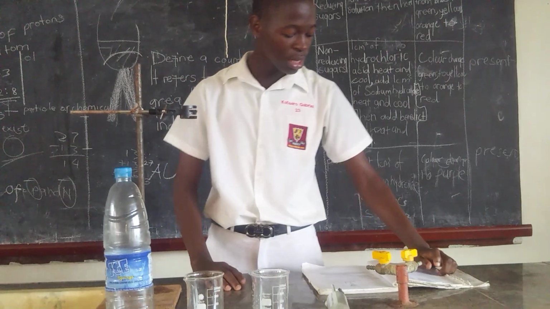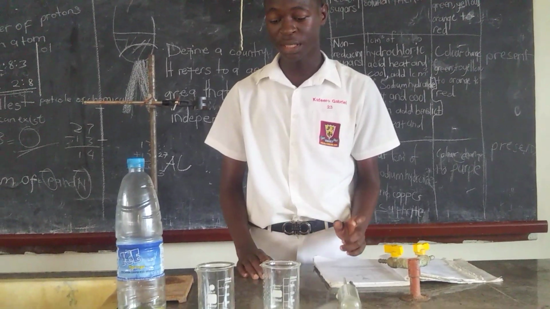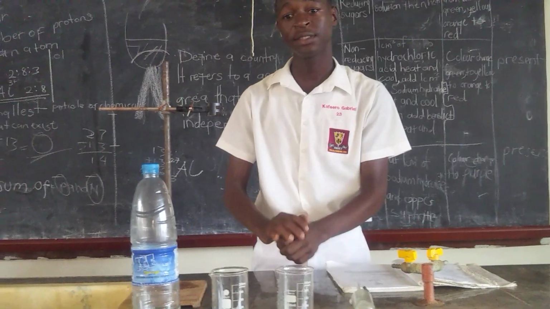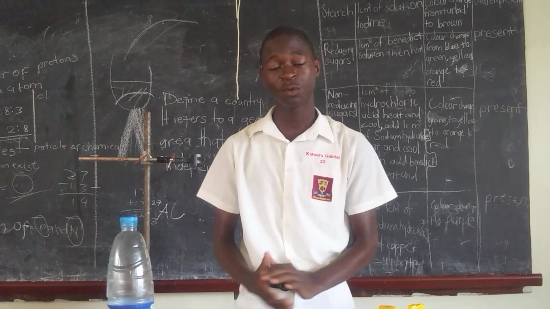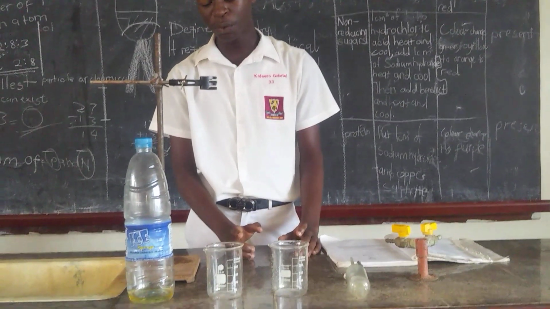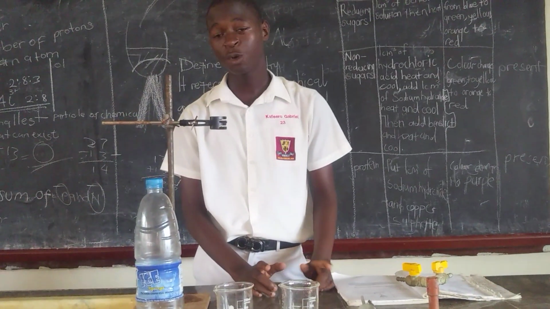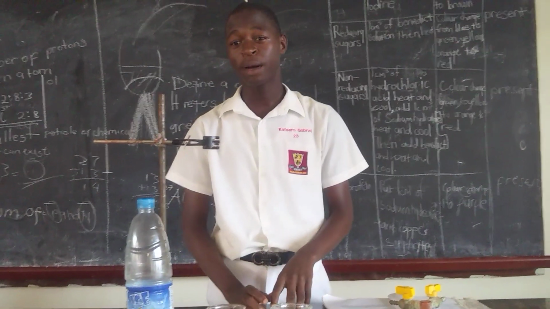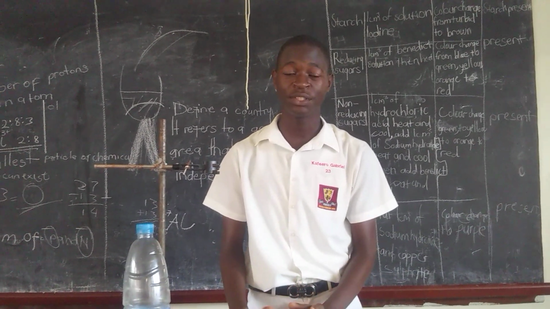So I'm going for the mixtures, and I'm going for a liquid. There are types of mixtures. First, we have solid-liquid mixtures and we have liquid mixtures. Today, I will be working out liquid mixtures. A liquid mixture is a mixture whereby two different types of liquids are involved and they can be separated.